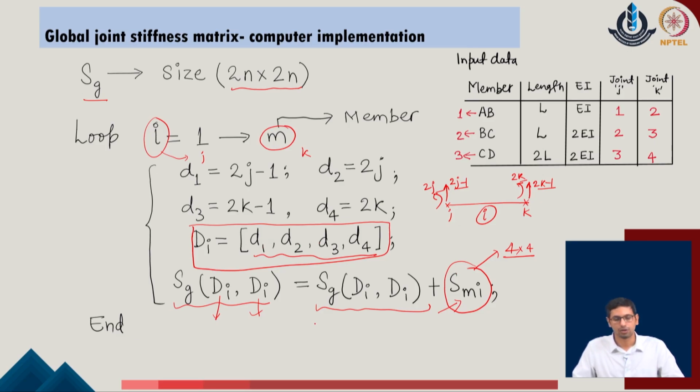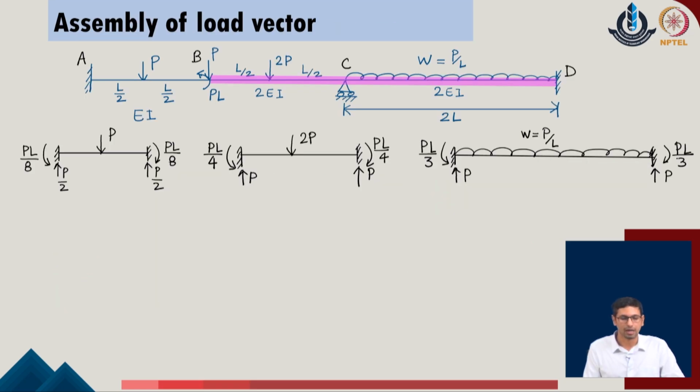So, for these cases, what we typically do, and we will show it in the code as well, is initially say that the standard size of the S of g, which is 2n cross 2n, is populated with all values being 0, and now we will keep on adding the contribution of each member in the given system. So, this is a standard way by which we can generate the overall global assembly of the stiffness matrix. Now, in the same manner, I can go with the assembly of the load vector as well.